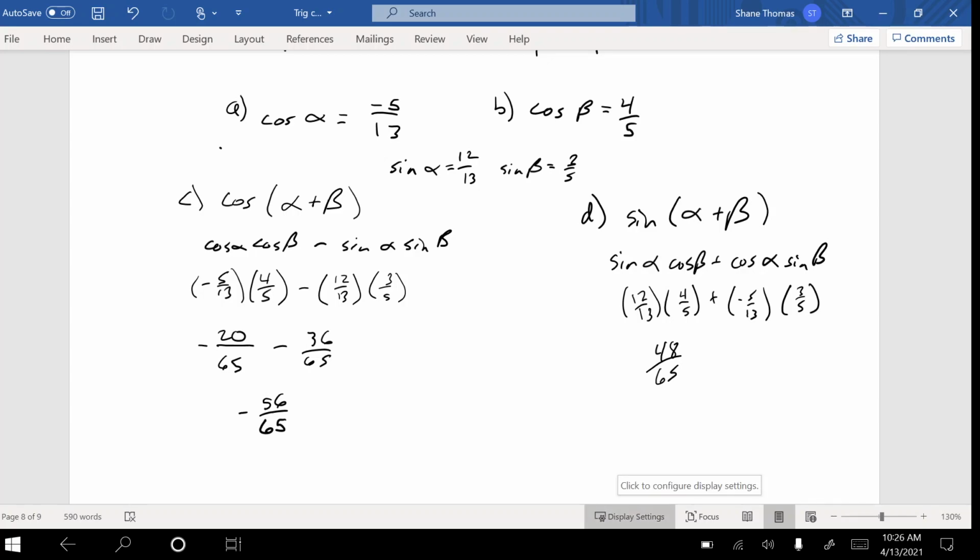Right side is going to be negative 15 over, okay, 48 minus 15 is 33 over 65. There we go. Questions?